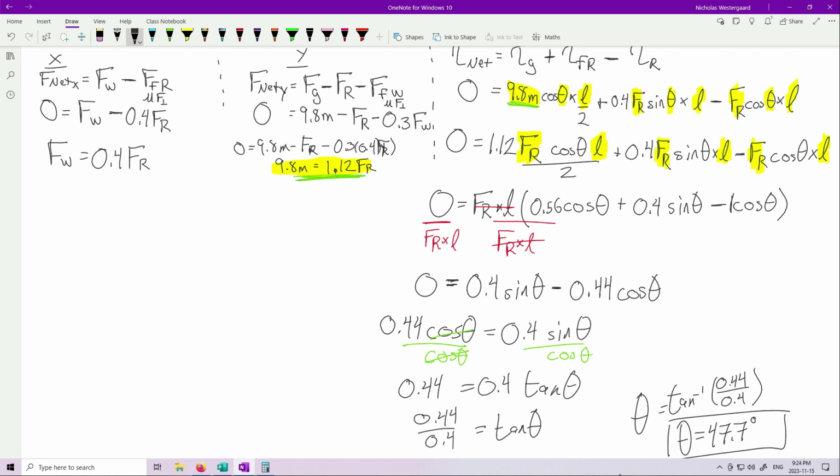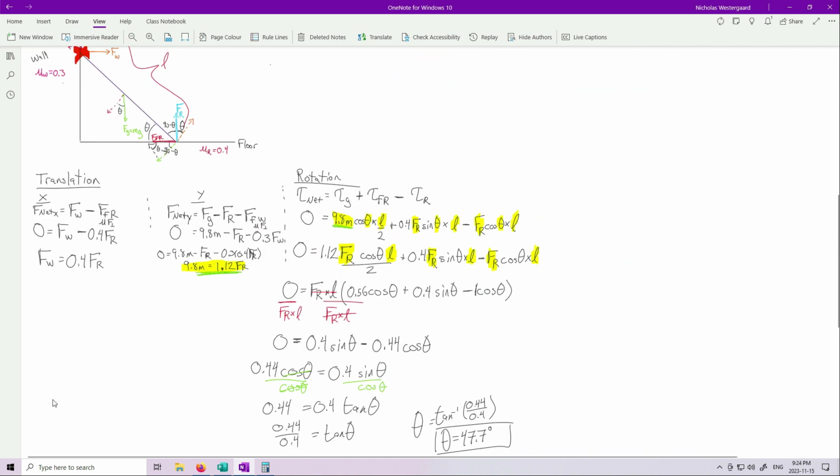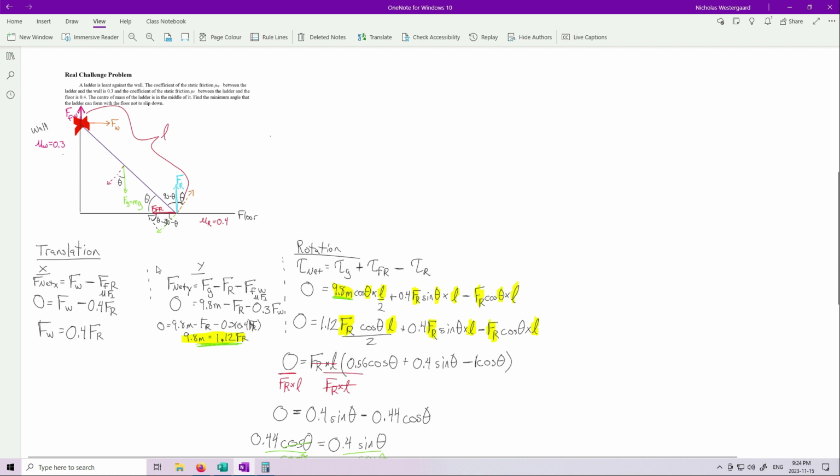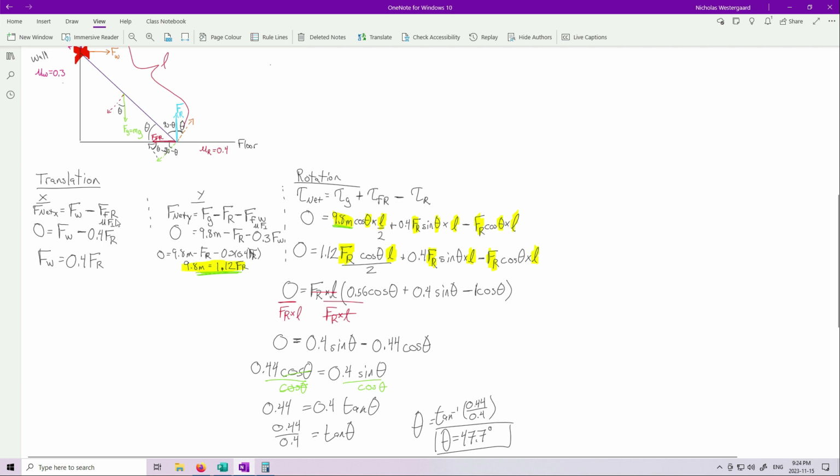And even though it seemed like we didn't have nearly enough information, if we use our two conditions of equilibrium, we can make it work. So let's recap, because this seems like a lot. Start off with a nice clear diagram, labeled as clearly as we could. We then created our translation equilibrium conditions where our net forces were 0.